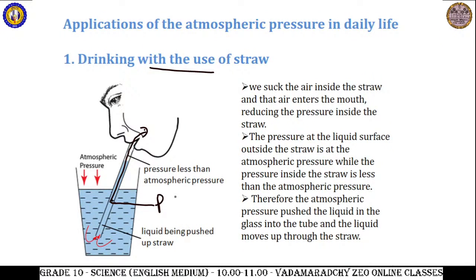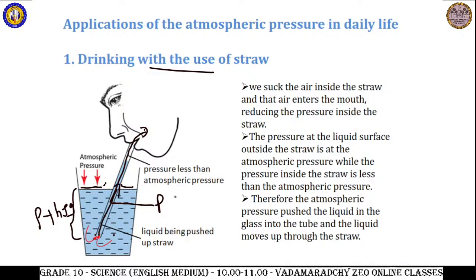But the pressure at the liquid surface is atmospheric pressure. At this point, the pressure is atmospheric pressure plus h rho g due to the column of water. So there will be a higher pressure outside the straw and lower pressure inside the straw. So the atmospheric pressure pushes the liquid in the glass into the straw.